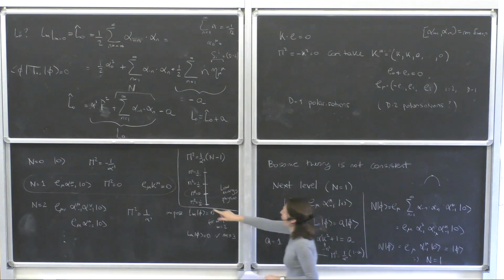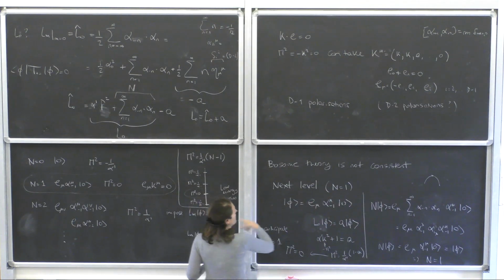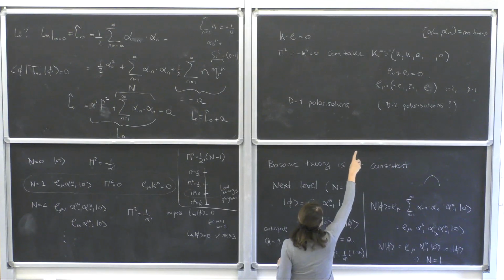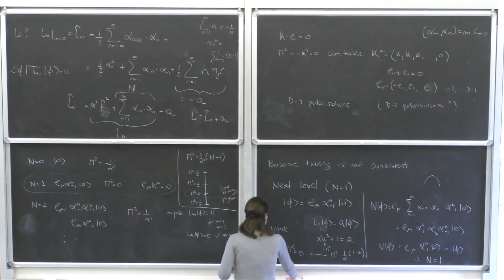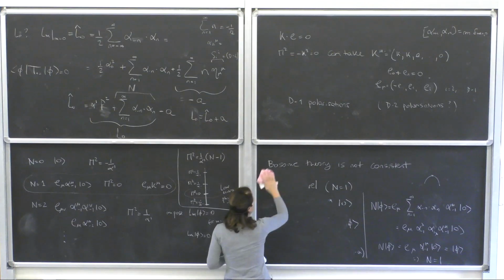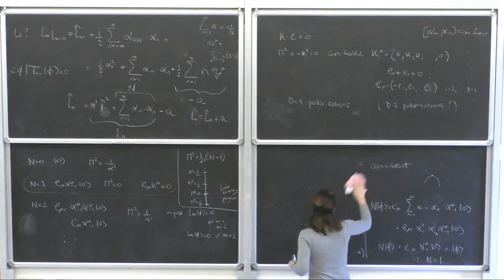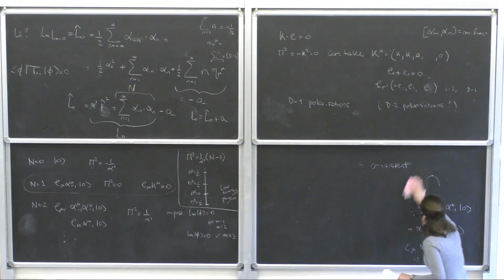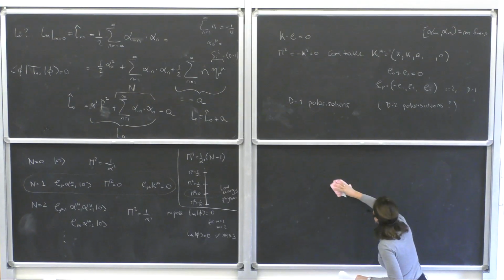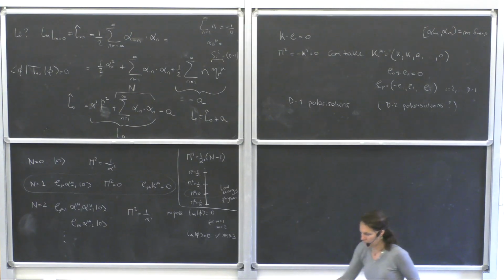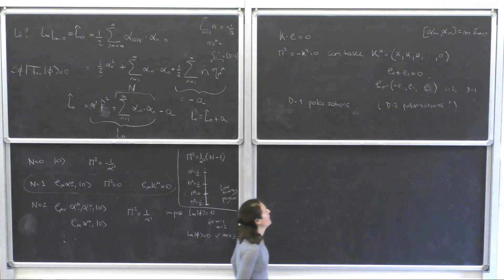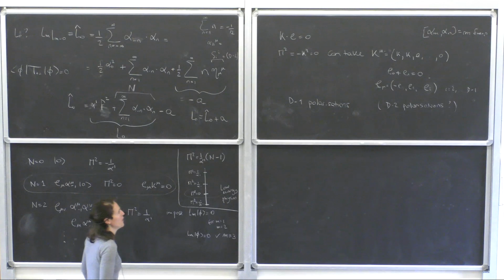Okay, so we said that from this condition, we get d minus 1 polarizations. So the polarization tensor is like that if we choose k to be moving in the one direction. And this doesn't fit with what we know of massless vectors in 4 dimensions. So how do we recover these d minus 2 polarizations?